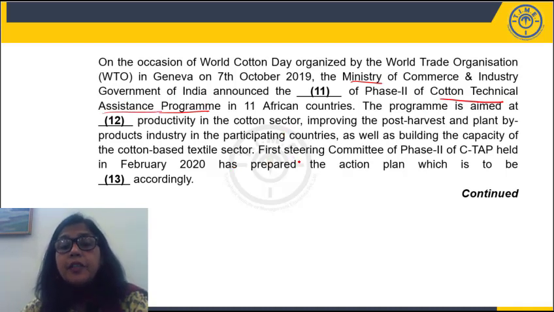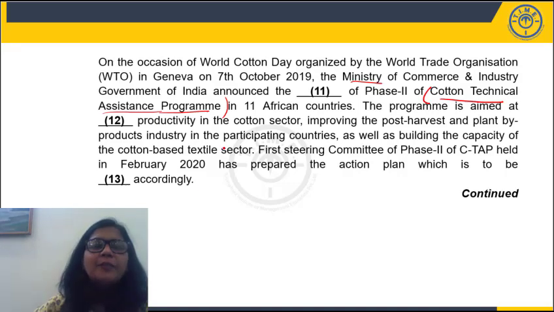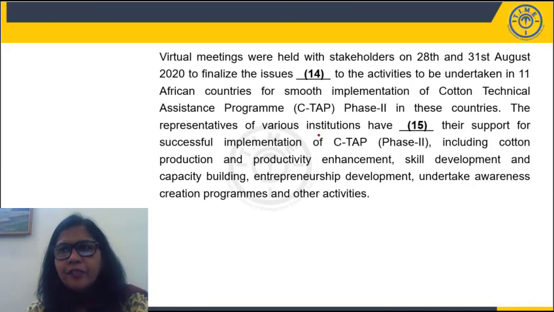First steering committee of Phase 2 of CTAP, this is the short form, right? CTAP, held in February 2020, has prepared the action plan which is to be dashed accordingly, which is to be implemented, followed. These are the words that come to mind, right? Now the next part of the paragraph.